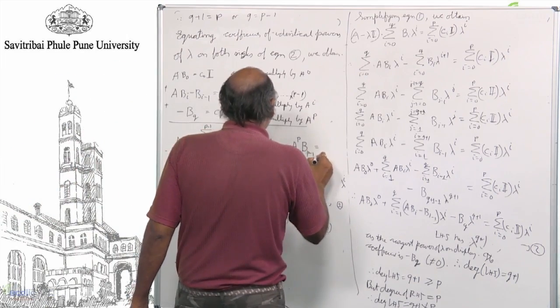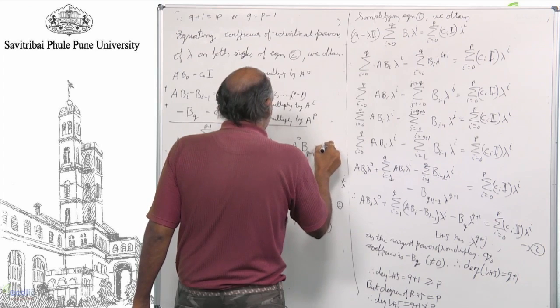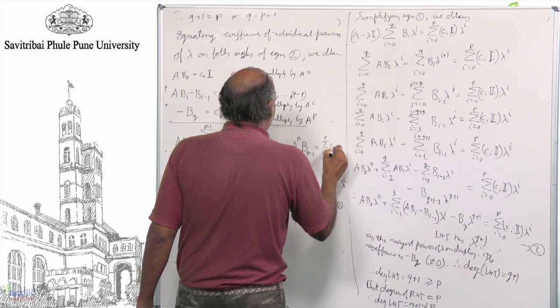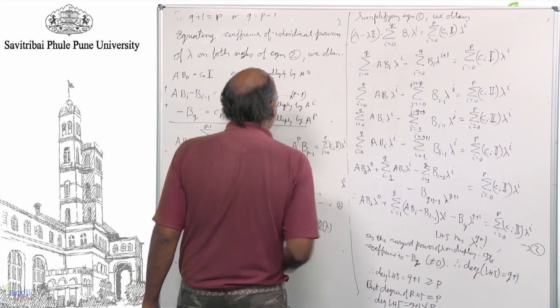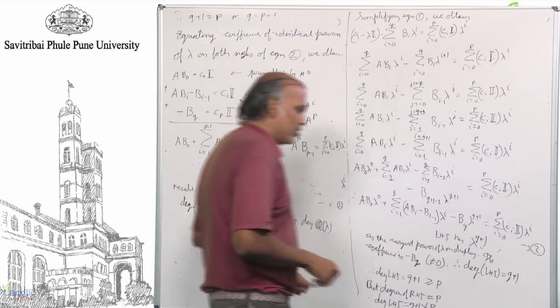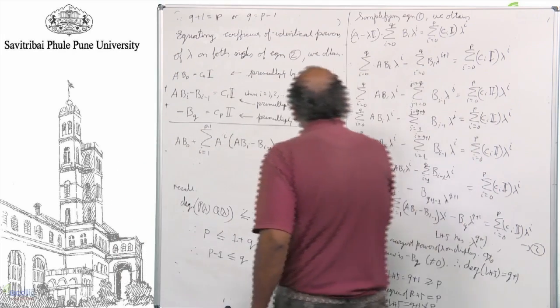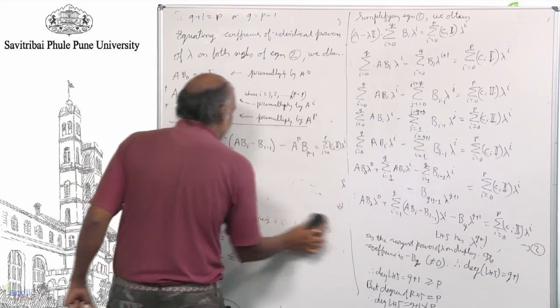This equals sigma over i equal to 0 to p of c_i times identity times lambda to the power i. In fact, what you have on the right is the characteristic polynomial of A in A.